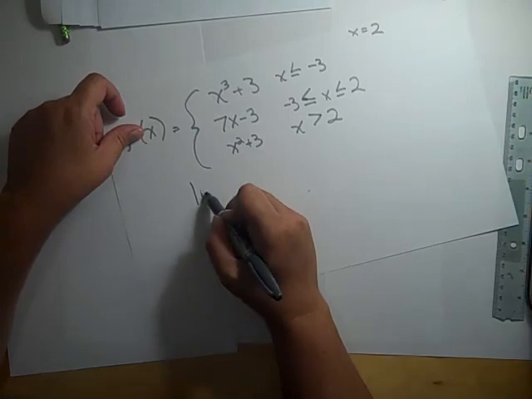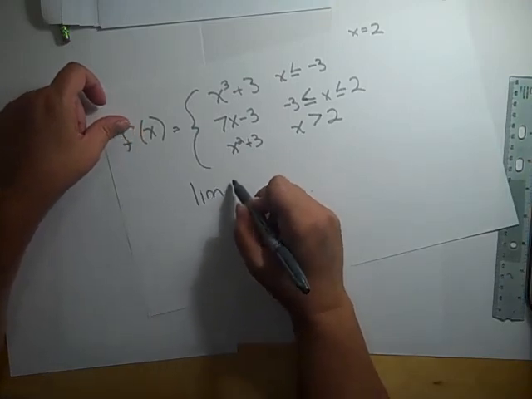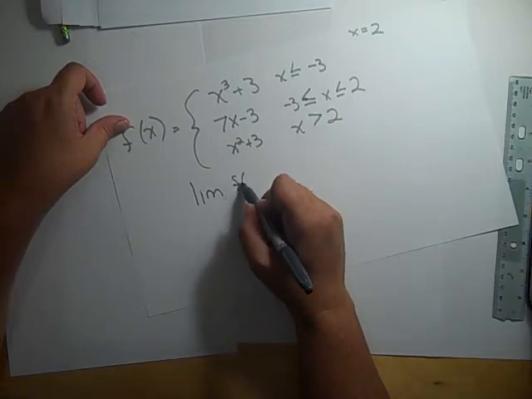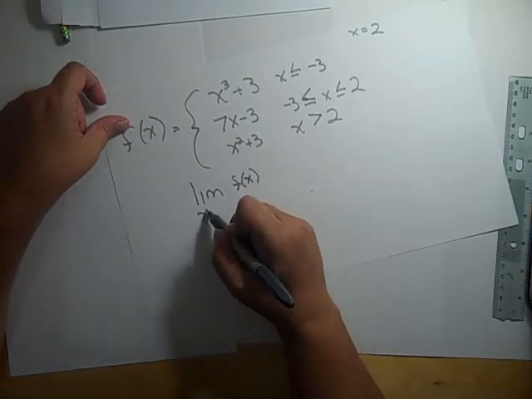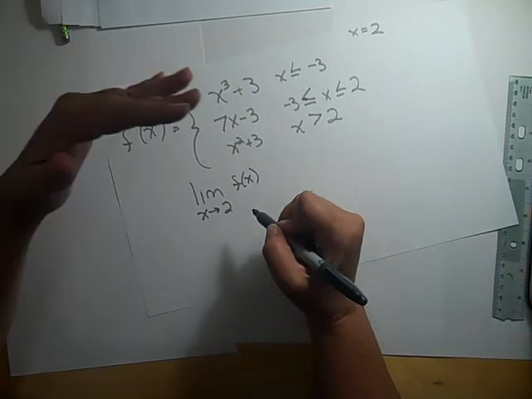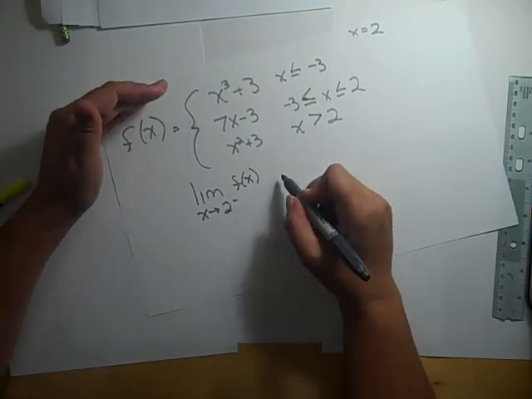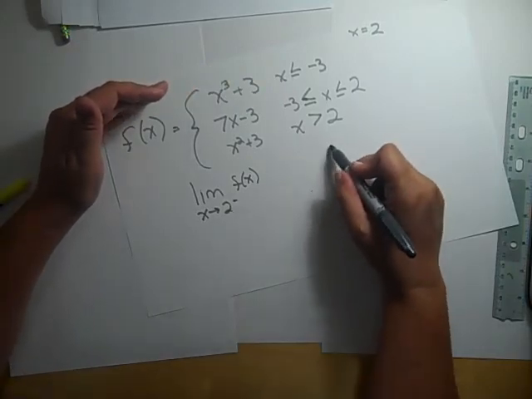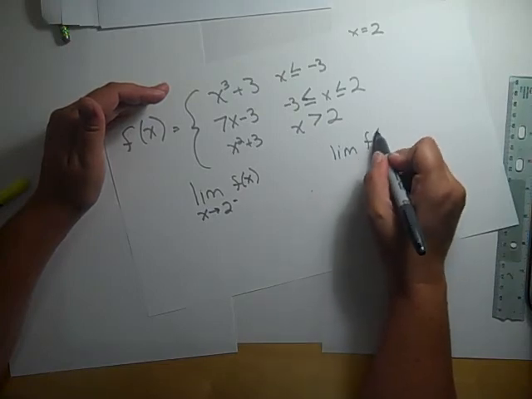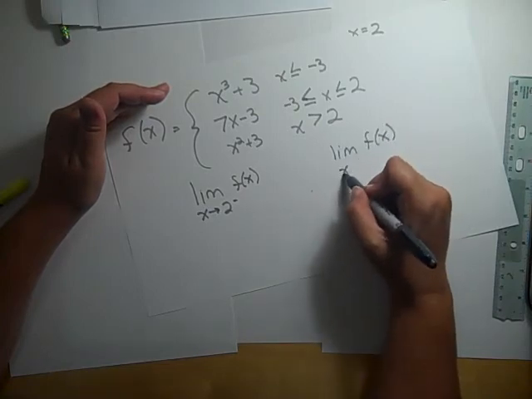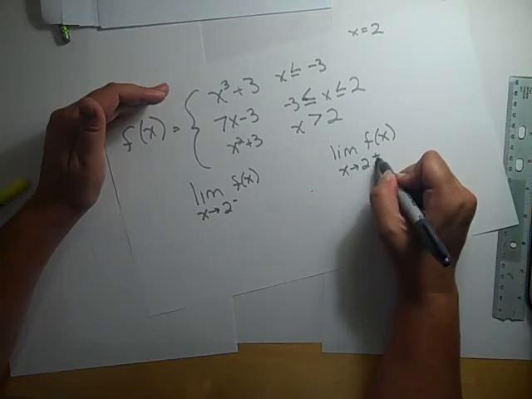So let's see what happens. Let's see if our limits agree. Let's say the limit of f of x as x approaches 2 from the left should equal the limit of f of x as x approaches 2 from the right.